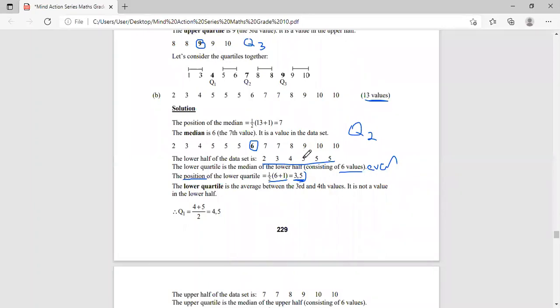This is 4, it's not 3,5. 3,5 is right here, right? So the position of the lower quartile is between 3 and 4. The lower quartile is the average of the 3rd and the 4th value.